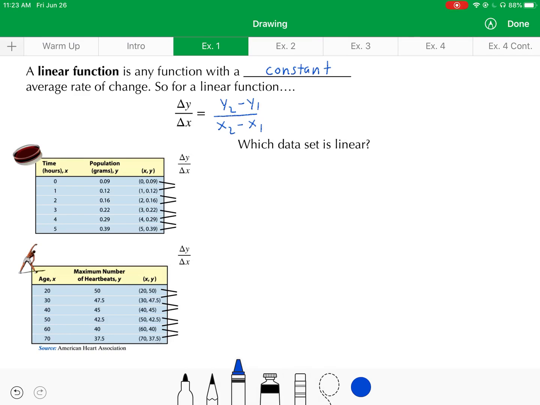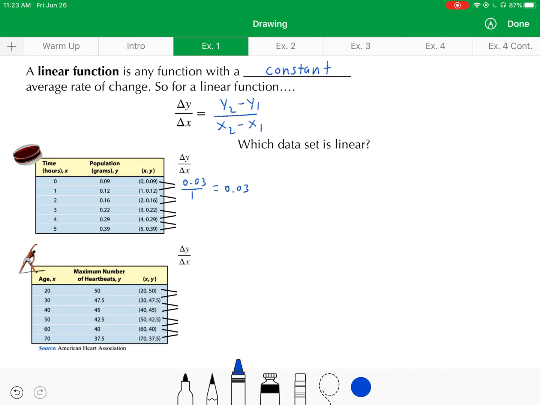From the first 2 points, I'll look at the average rate of change. Change in the y values is 0.03. Change in the x values is 1. So, of course, that average rate of change is 0.03.